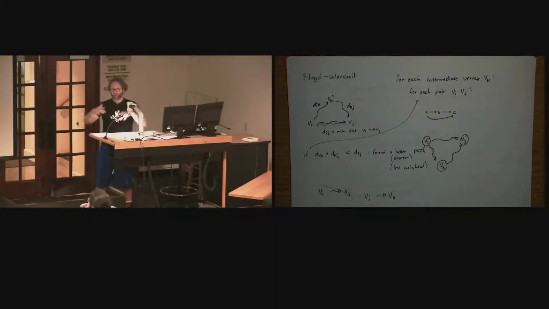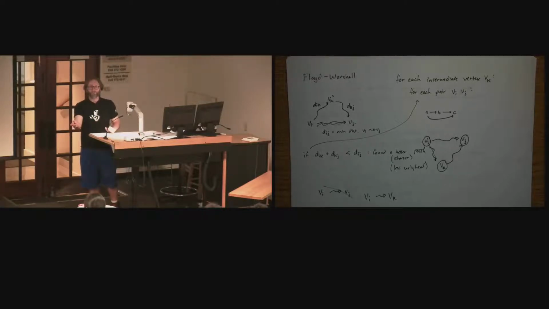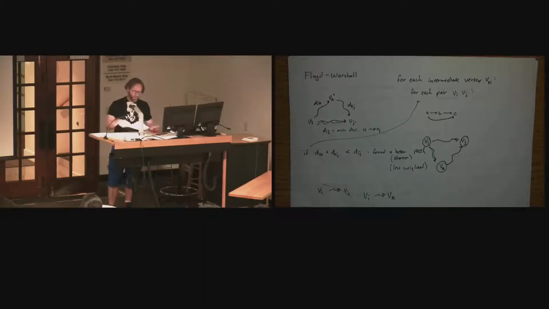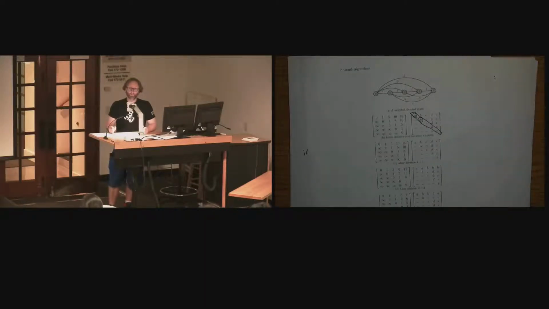And then, if it's top-down recursion, you say, okay, I'll recurse on this, recurse on this, recurse on this, until you get down to an edge. Here's your solution for how do I go from A to B? Well, if there's an edge. But what this algorithm did was a bottom-up solution, basically.